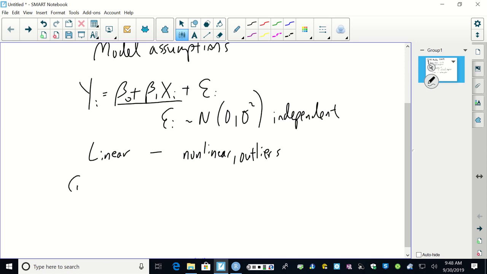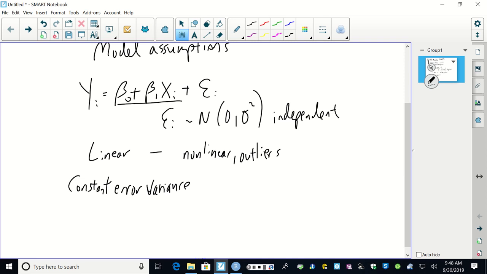There's constant error variance in the model. Right? And if that's not the truth, if it's not constant, well, our estimates of beta 0 and beta 1 didn't really involve that.